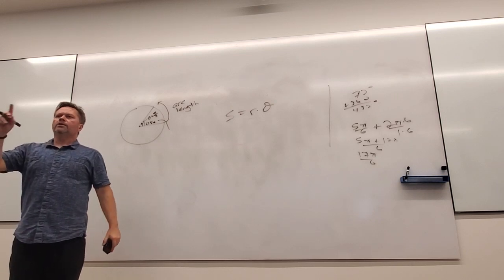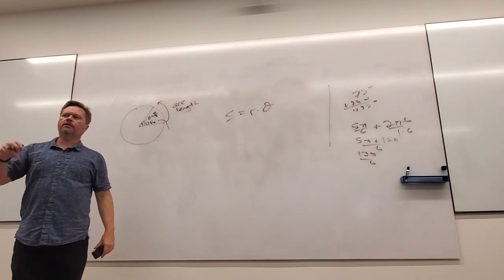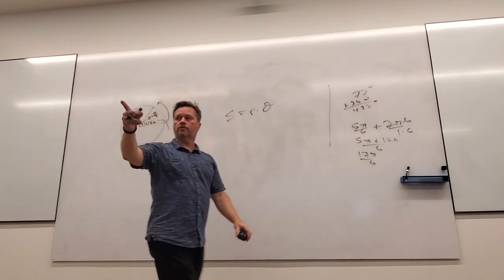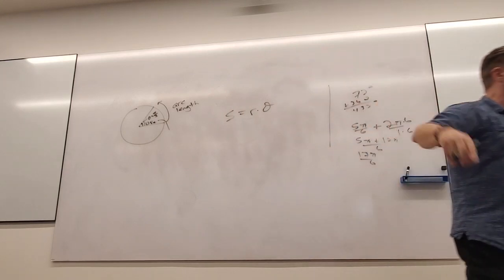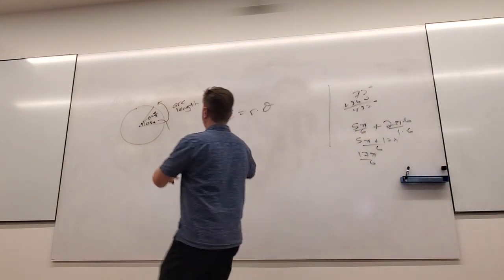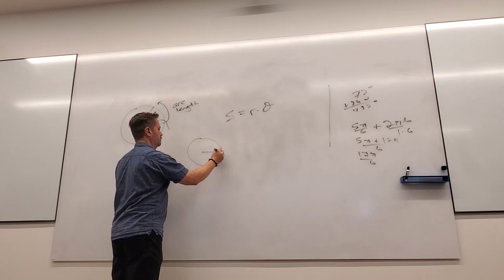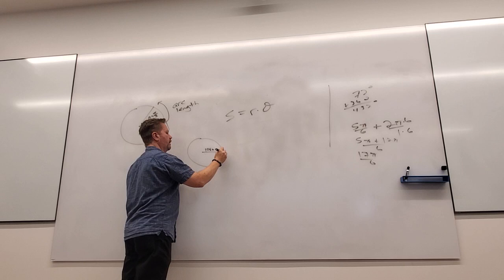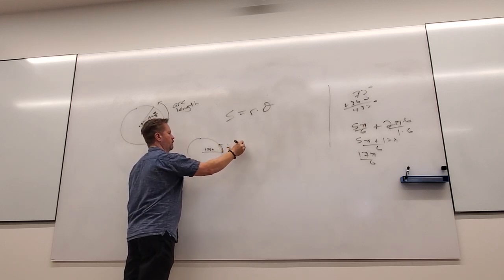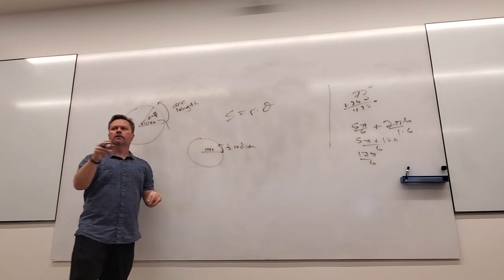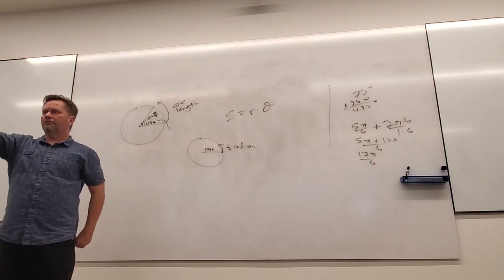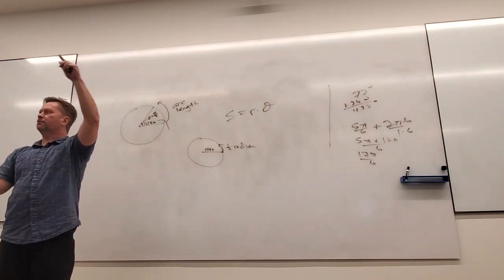Now, another way to look at this. What does a radian represent? It's the radius length walked along the circle, correct? So let me ask you this. If the radius is 10 feet, and I go half a radian, remind me, a radian is the length of a radius, correct? 1 radian is exactly 1 radius.